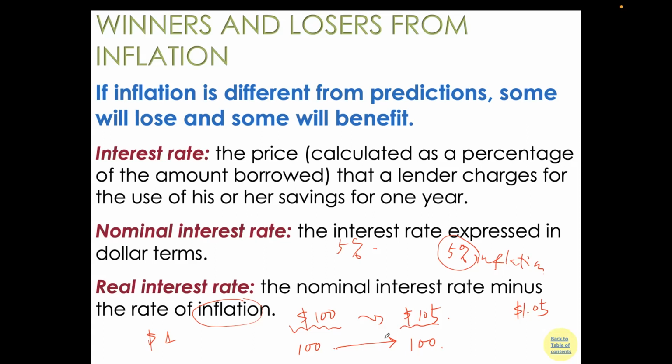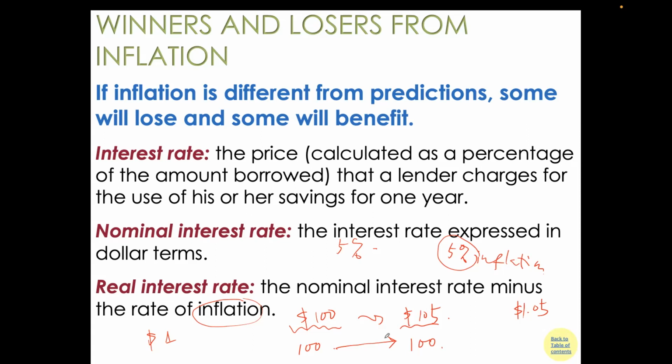You borrow $100. With this $100, you can buy 100 bottled waters. The next year, because of inflation, yes, you pay more, which is $105. But then next year with inflation, bottled water is cheaper. You essentially just give them the 100 bottled waters. Nothing. So that is important.